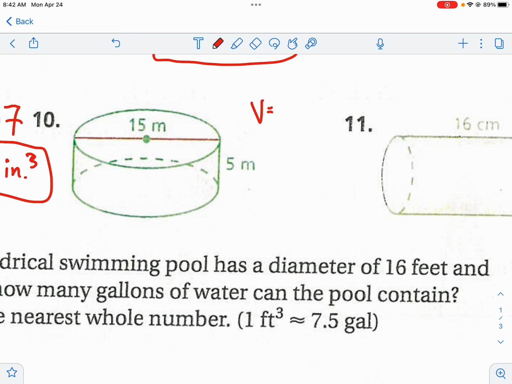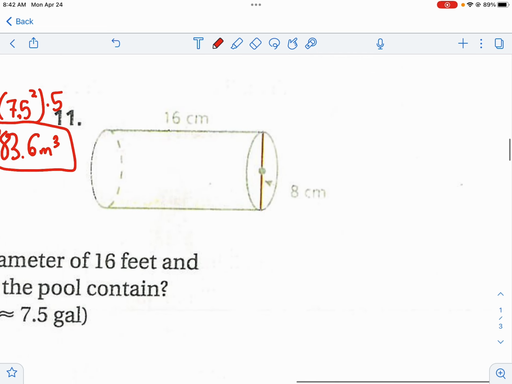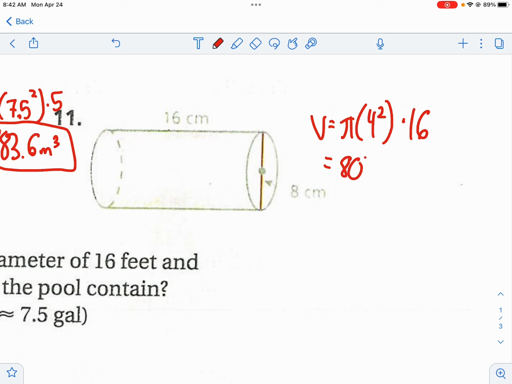Number 10, pi times 7.5, which is my radius, half of 15, squared, times 5 gives me 883.6 meters cubed. And number 11, V is equal to pi times 4 squared. Diameter is 8, radius is 4, times 16. 16 times 16 times pi is 804.2 centimeters cubed.